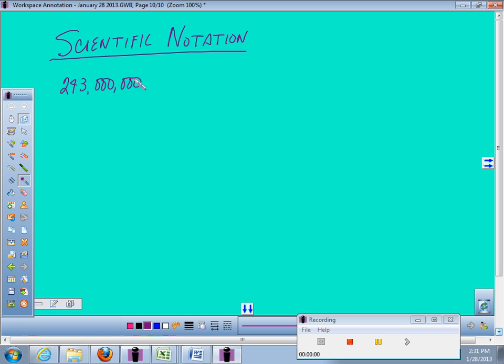There can only be one digit left of the decimal, so this has to become 2.43, times 10 to the 8. You have to count from where it currently is. There's 1, 2, 3, 4, 5, 6, 7, 8. Or you can use your brain, hopefully, by this point, and figure out that it is 10 to the 8.